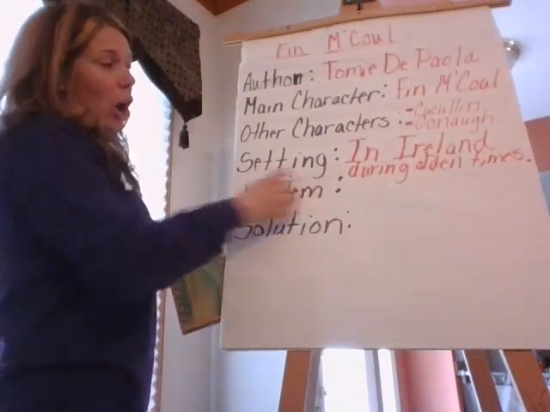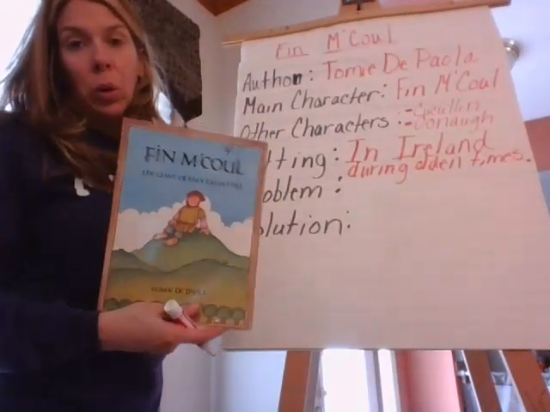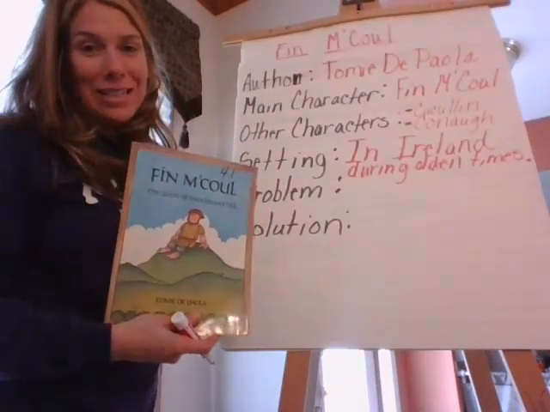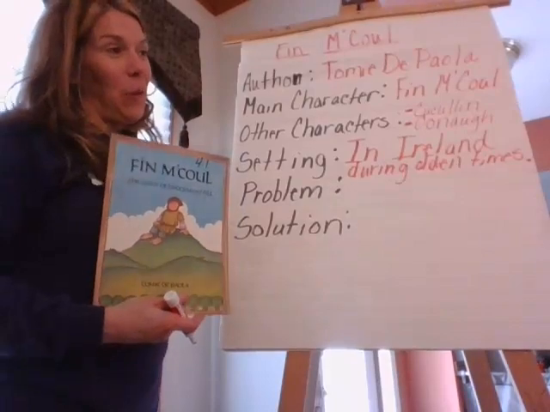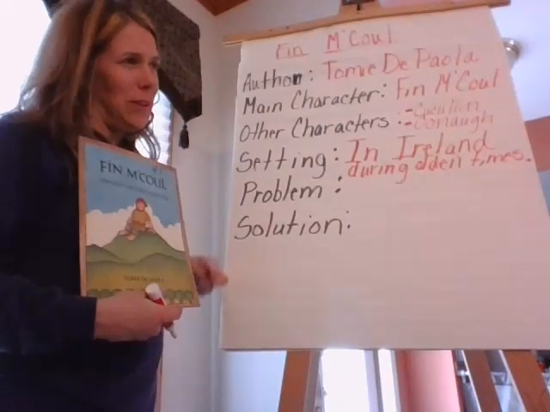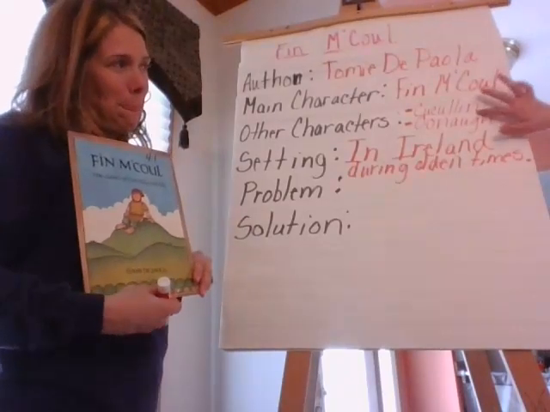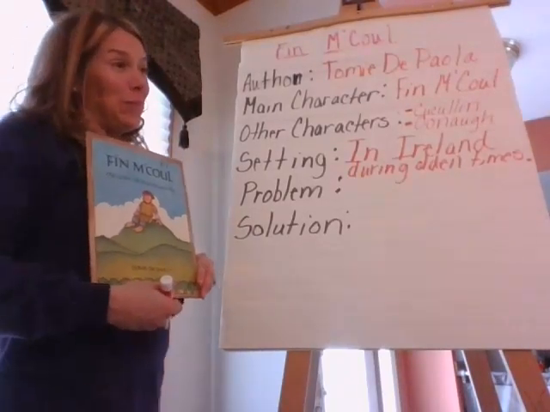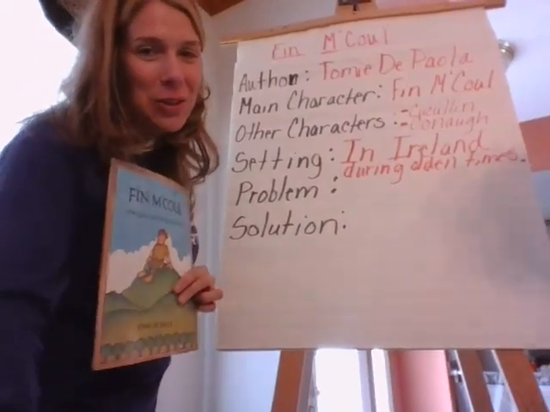Okay, then our problem. What was the problem with Finn McCool? You can go ahead and say it if you know. Can I guess? You didn't read this book though, did you, Vin? No. You said the mean giant, so I'm guessing this giant bullies him. Exactly. Your guess is absolutely right. Tell them what you said.